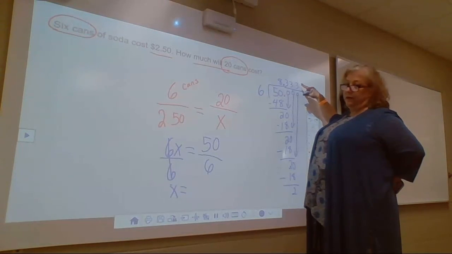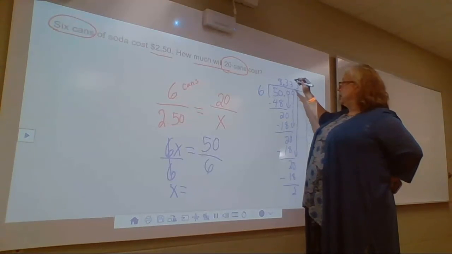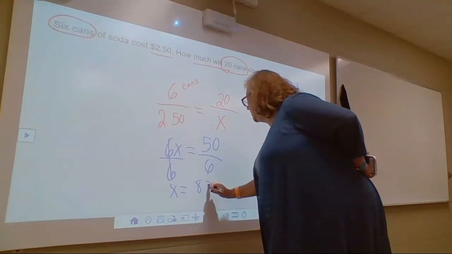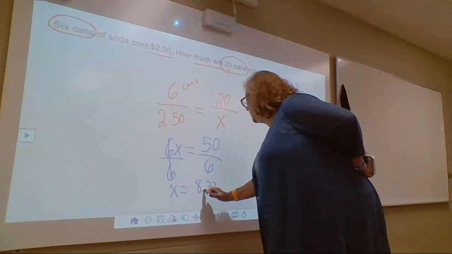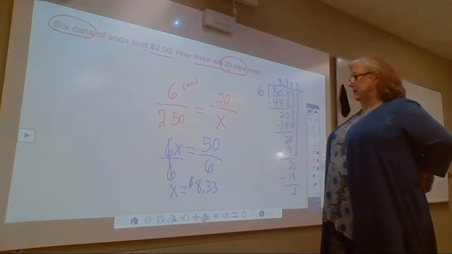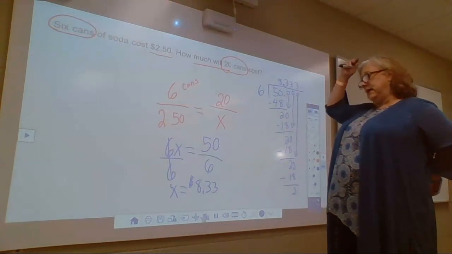Because this is below 5, remember if it's 4 or below, you just leave it the same. So our answer here would be 8.33. That's how much 20 cans would cost.